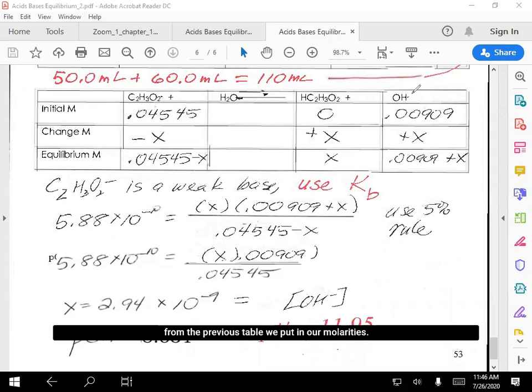So from the previous table, we put in our molarities. We have a molarity of acetate from the previous table. We have a molarity of hydroxide from the previous table. And we see that we have no acetic acid from the previous table because that was all used up. That was the limiting reagent.